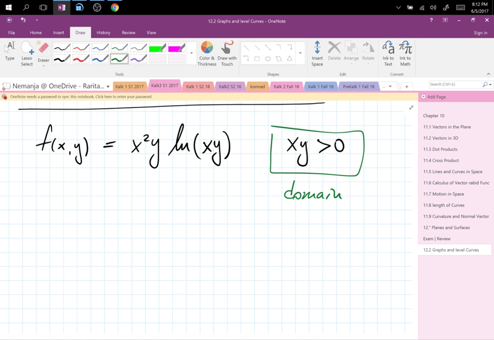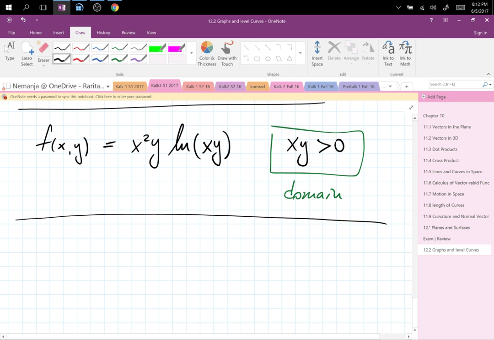You can completely ignore that part. The ln is the one that causes issues here, and you focus only on that one. So ln xy is the one that we have to focus on. And you understand this domain: as long as the product of x and y is positive, we are good to go in terms of calculations.